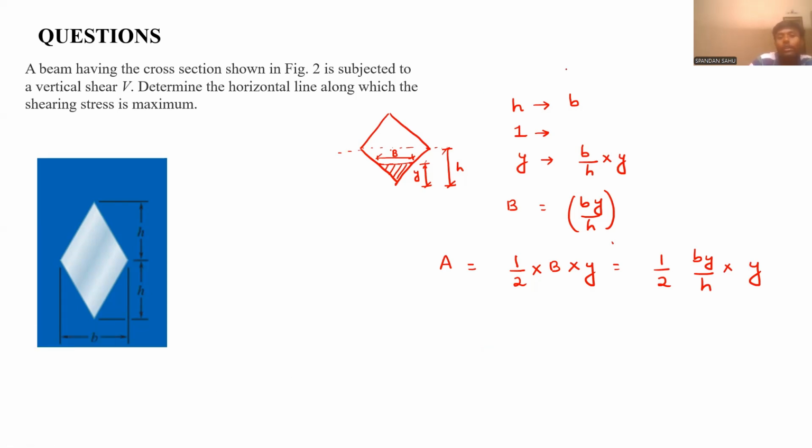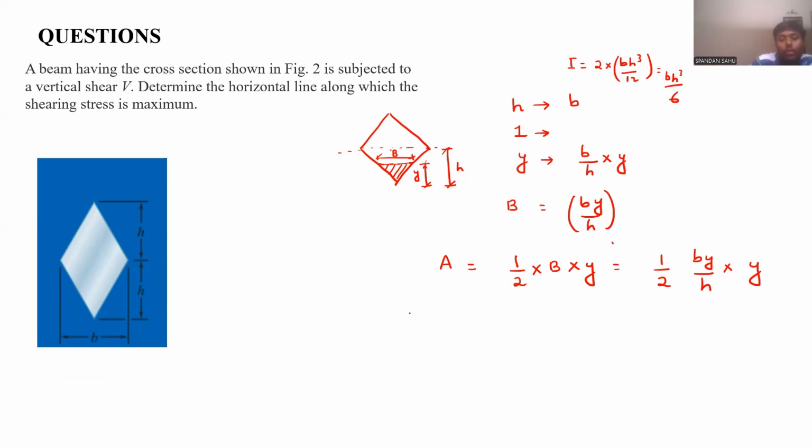So for this, we need to calculate I first. I will be twice of bh cube by 12, which will be equal to bh cube by 6. And your B is a function of y, which will be equal to small b y divided by h.